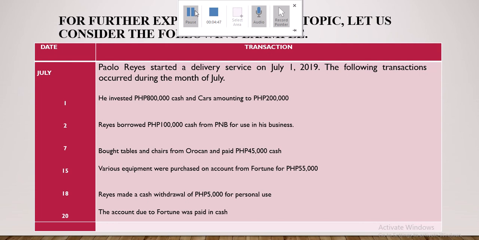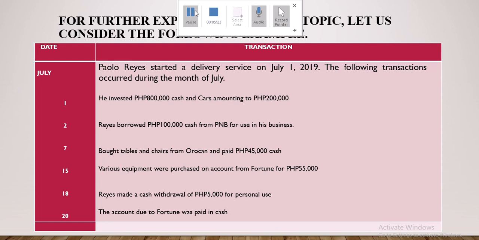So, July 1, Paulo Reyes invested 800,000 cash and car amounting to 200,000. So that is the first transaction made by Paulo Reyes. So he invested cash. Yung cash niya is 800,000 and cars is 200,000. So magkano lahat yung investment ni Paulo Reyes sa araw na yan? So it is 1 million.